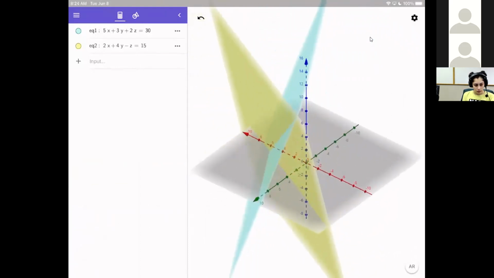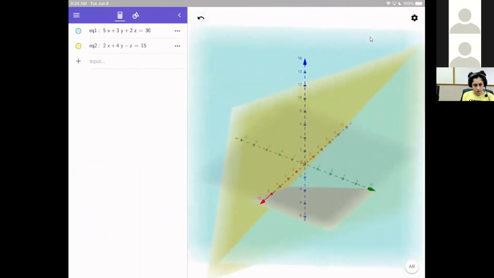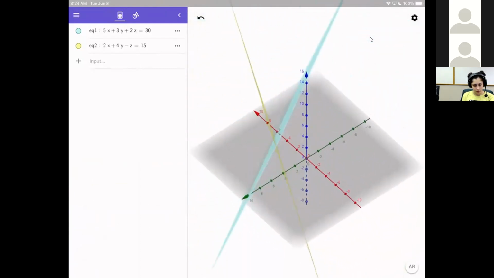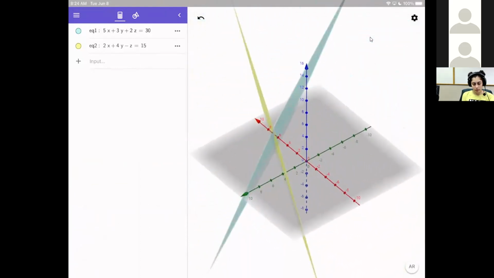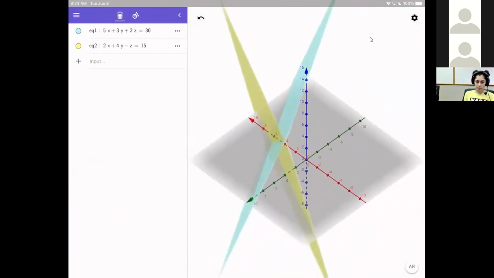So we can see visually that they intersect in a line, and that's kind of cool. We can also see, if you didn't do this before, that 45 degrees for the angle between them looks pretty reasonable, if I just turn it just so.